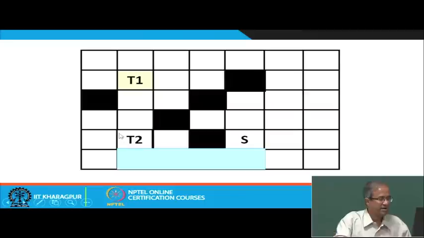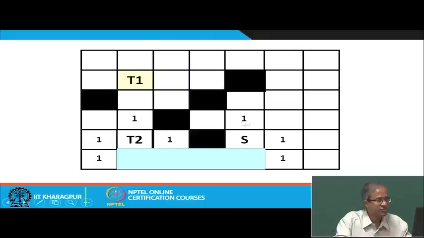Now, once you have identified this path, what this extension says is that all these cells, not only S, also T2 and also these cells which have been marked as the path, they are all identified as the source cell, and you start Lee's algorithm by numbering starting from there, like 1, 1, neighbor of this cell will also be 1, this will be 1, this will be 1, this will also be 1.